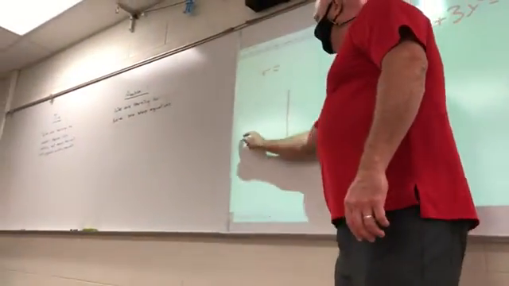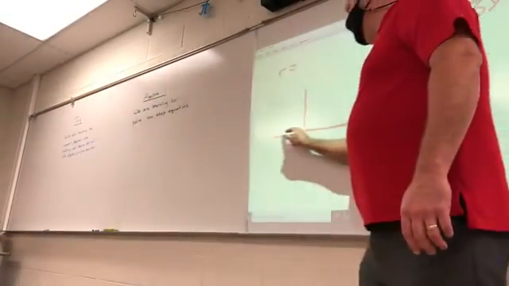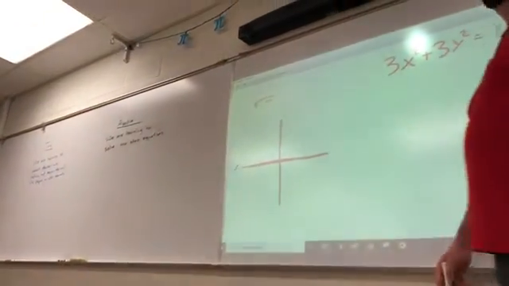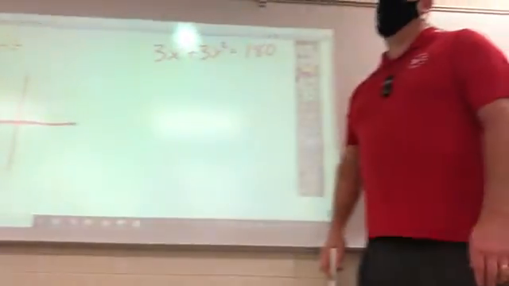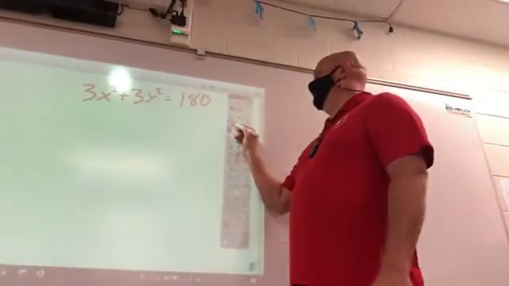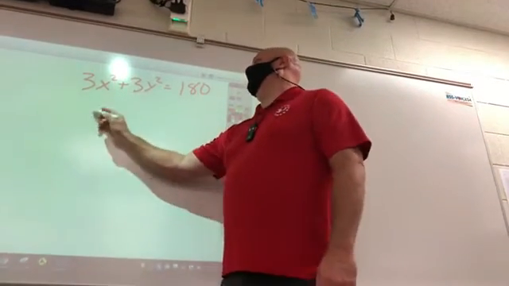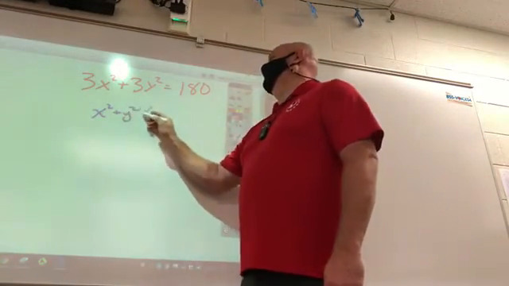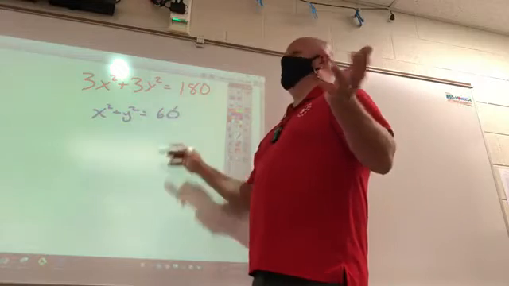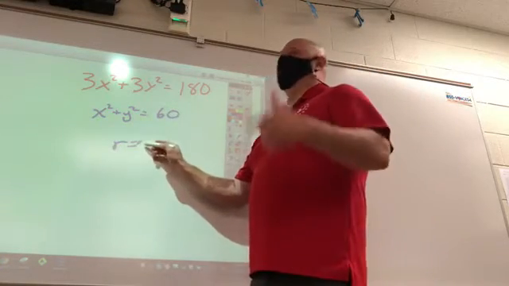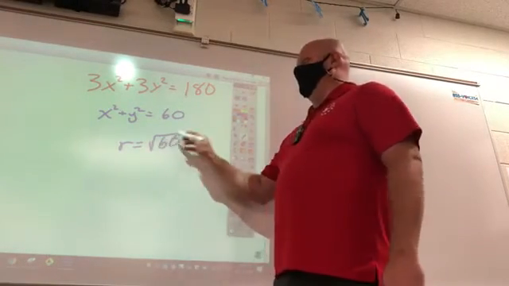And draw the graph. Okay? What's the first thing you got to do? Divide by 3, so you get x squared plus y squared equals 60. So then my r is going to equal the square root of 60.